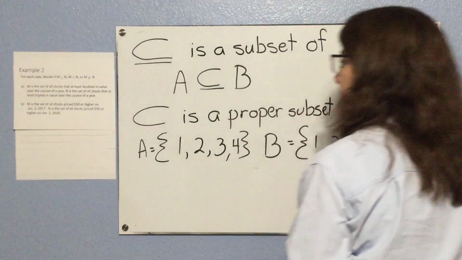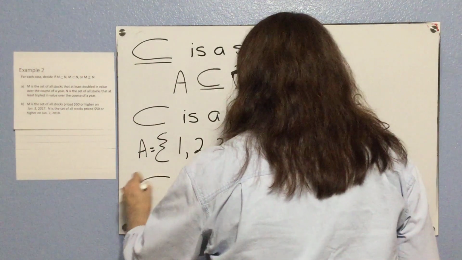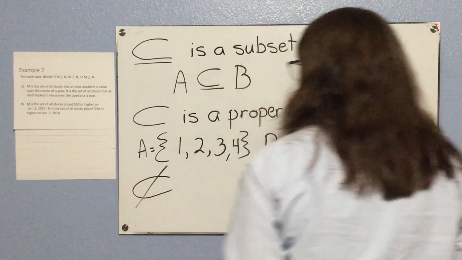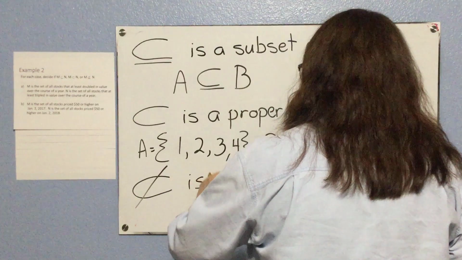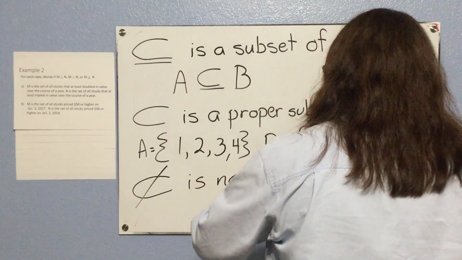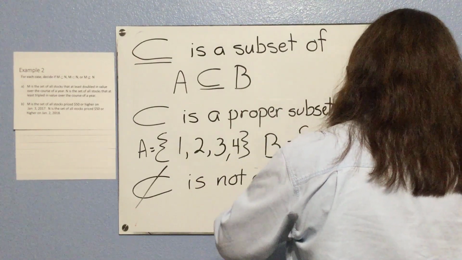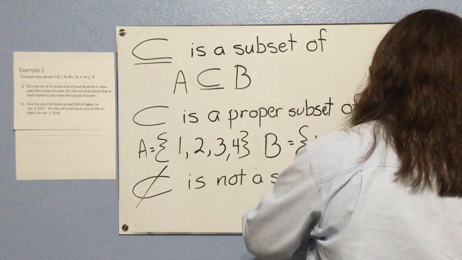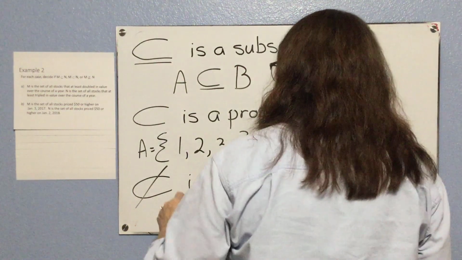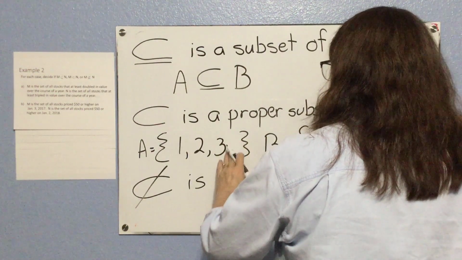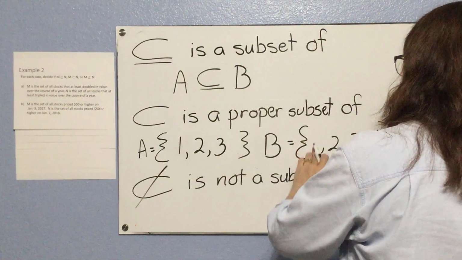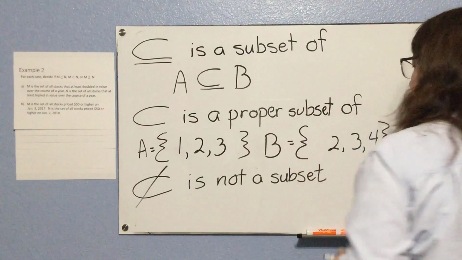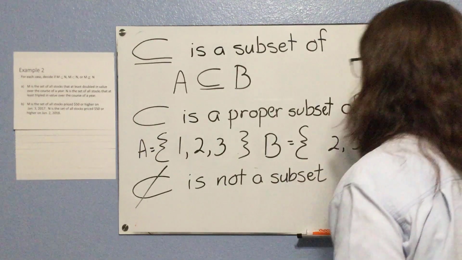And then the last symbol we have is this. And of course this means "is not a subset." So let's go back to my set A, 1, 2, 3, and my set B. I'm going to make now 2, 3, 4.